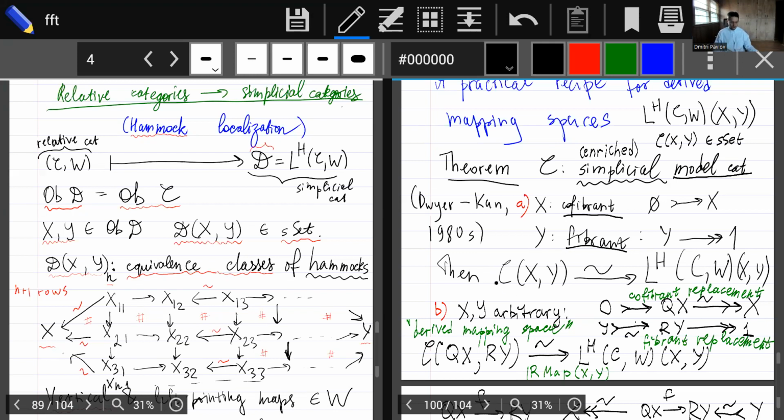So for example, in simplicial sets, all simplicial sets are cofibrant, and the fibrant ones are precisely Kan complexes. So for the hammock localization, if X is a simplicial set and Y is a Kan complex, you can compute the simplicial set up to a weak equivalence as just the internal Hom in simplicial sets.